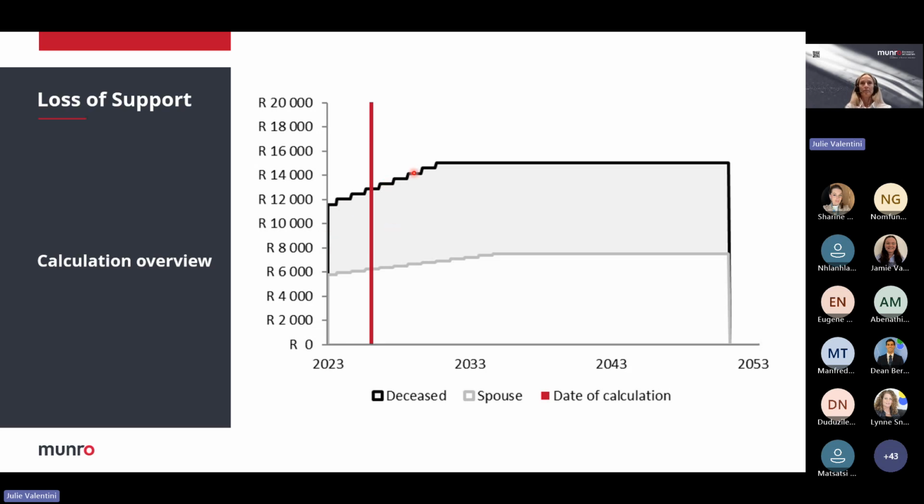And then what we do is we look at each particular month. So let's pick any period. What we do is we then combine the deceased earnings and the spouse's earnings into the pie, like our last slide, and we look at who is dependent at that time. And that's important because the dependency changes over time.